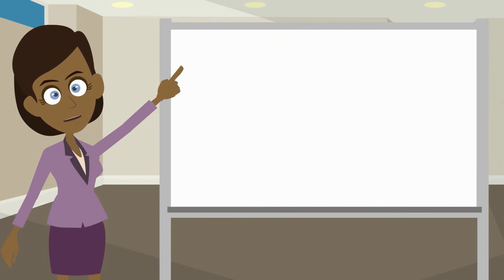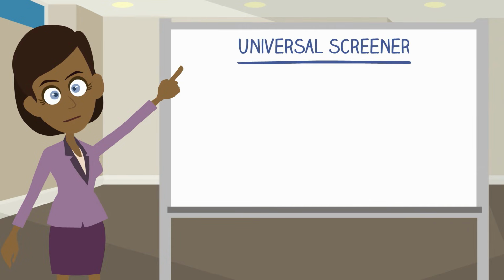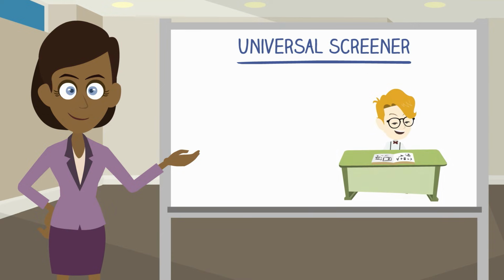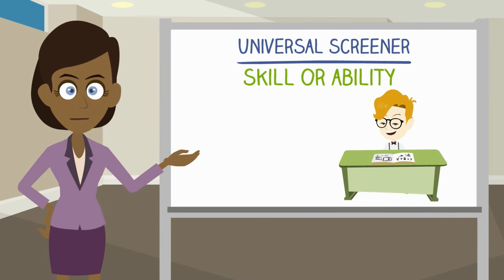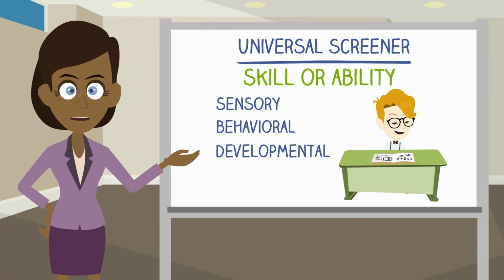Another kind of assessment is a universal screener. Universal screeners address a specific skill or ability, sensory, behavioral, developmental, and/or academic, that is predictive of a later outcome.